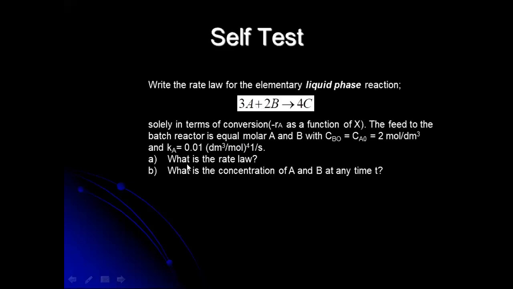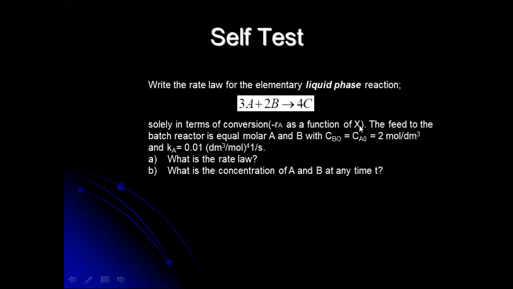So the requirement here is what is the rate law and what is the concentration of A and B at any time t. For now, I will just simply write the representation of the concentration of A and B at any time t without us having to solve it specifically. We can solve this later on, or you can go back to this later on once I have already given you a way of expressing concentration at any time in terms of conversion.